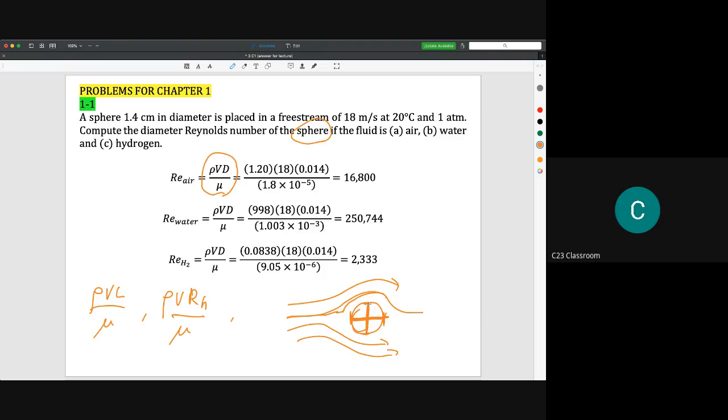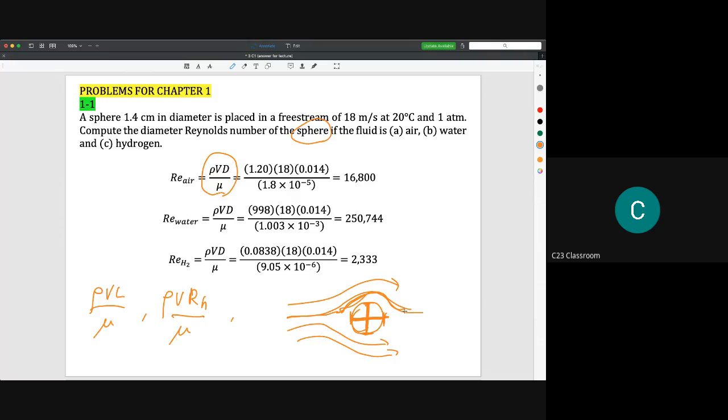In some textbooks, they say the diameter reflects the resistant area or the cross-sectional area of this object, but I would like to say that the diameter here is actually the length of travel of the fluid molecules.